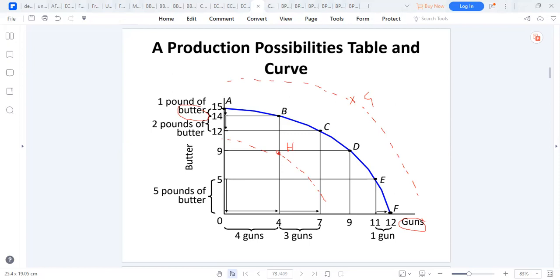Of course, this may not depict the real world, but remember, the PPF is a simplified model of economic possibilities, and it serves as a very essential tool for economists in understanding concepts of scarcity, choice, cost, and economic growth.